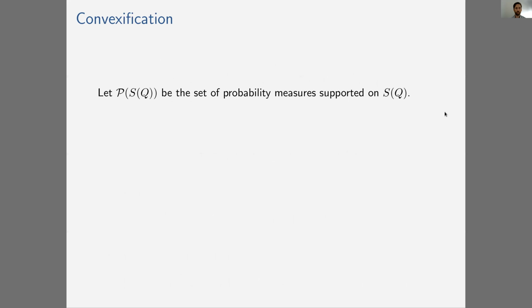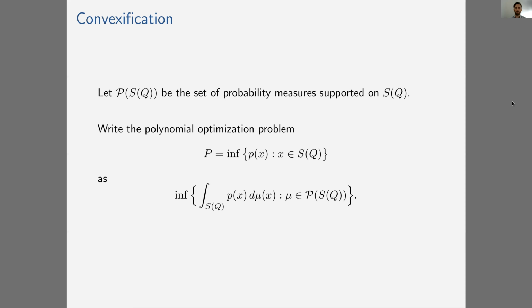So now I would like to continue with deriving the moment hierarchy, which is going to be, from a semi-definite programming perspective, the dual hierarchy. First the definition: P of S of Q is going to be the set of probability measures that are supported on this set S of Q. And then we see that instead of minimizing P of x over all points x in the semi-algebraic set, we can also minimize over these probability measures.